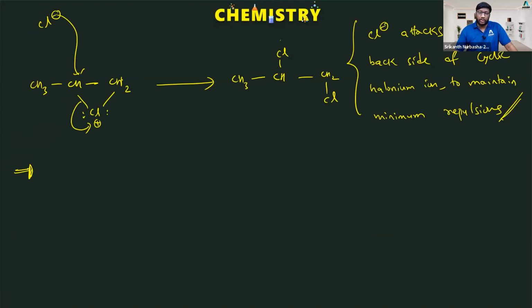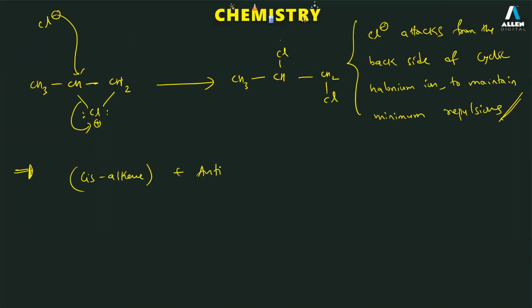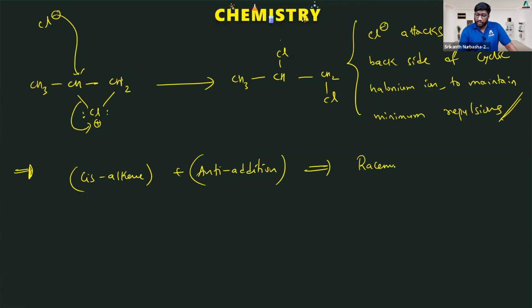I have given you the shortcut CAR earlier. Anyone remember the shortcut CAR? Cis anti gives R. If I take a cis-alkene undergoing anti-addition, R means racemic mixture.